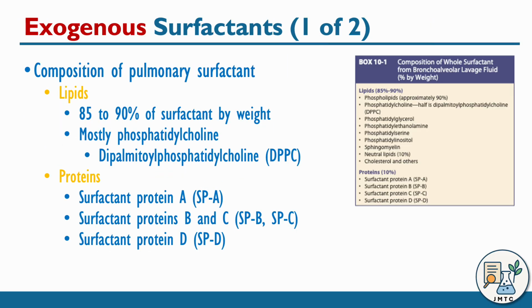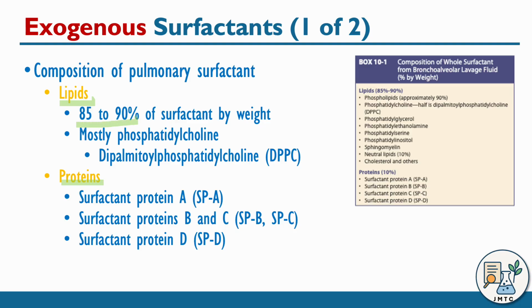Let's talk about what surfactant is made of, because understanding the composition helps us understand how it works. So, pulmonary surfactant is made of two things, lipids and proteins. So, ang major component natin dito is the lipids. Siya yung pinaka-important. It makes up about 85 to 90% of surfactant by weight.